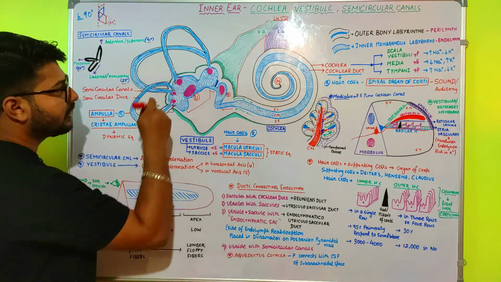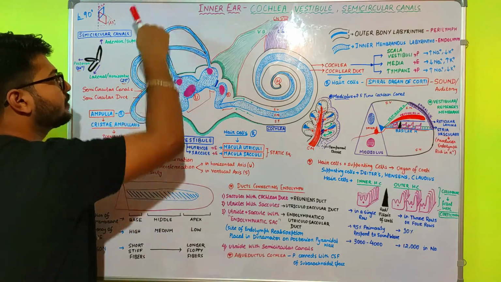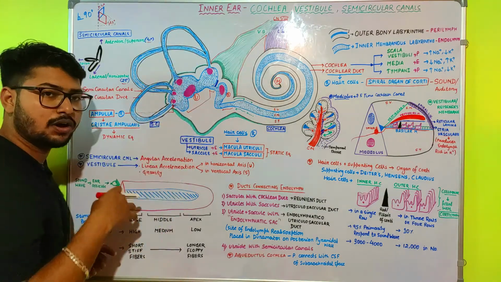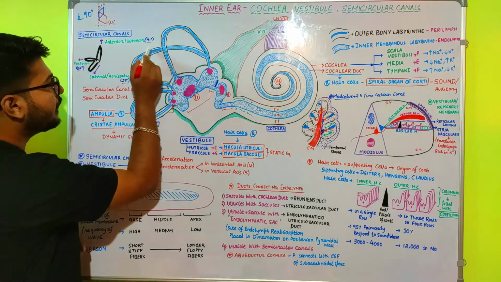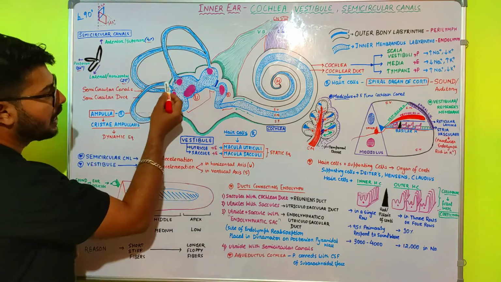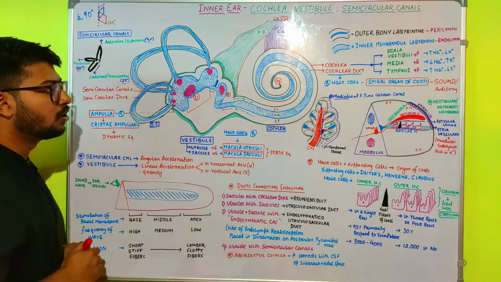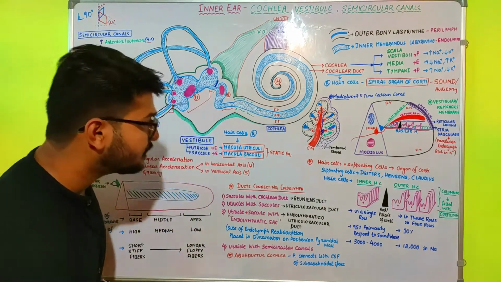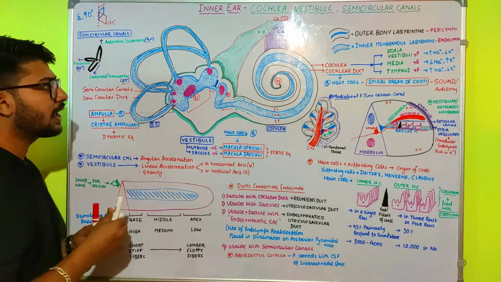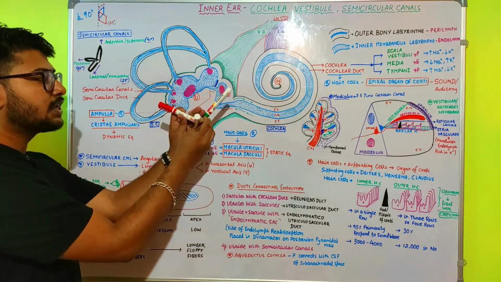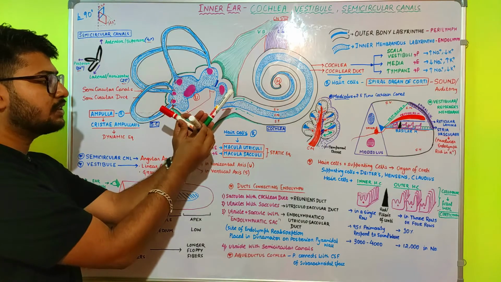One is facing in the superior or anterior direction, one is facing in the posterior direction, and this semicircular canal faces the lateral direction. So just imagine that these 3 semicircular canals are placed in this manner.